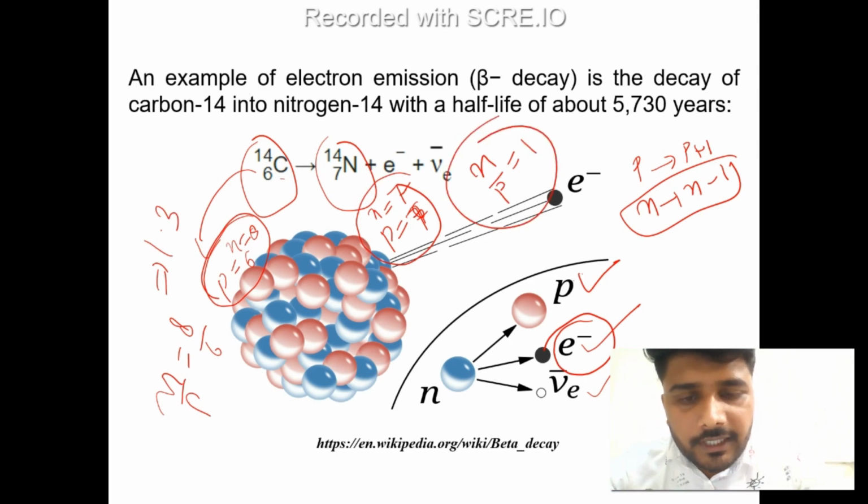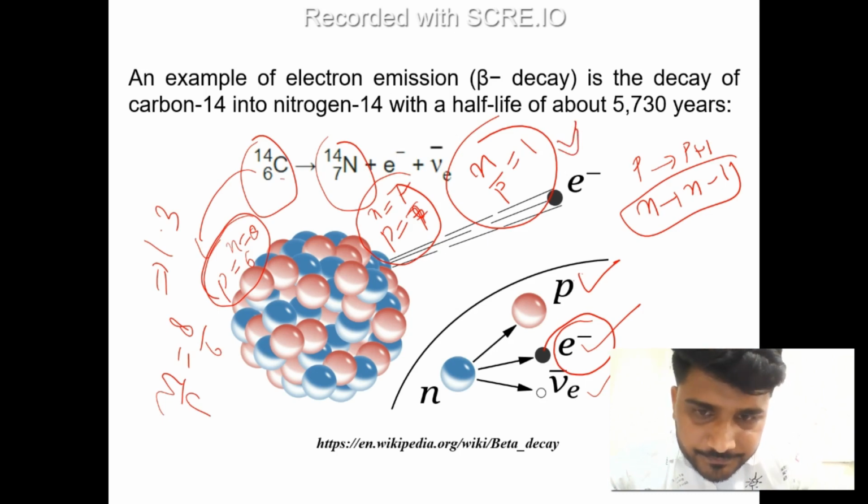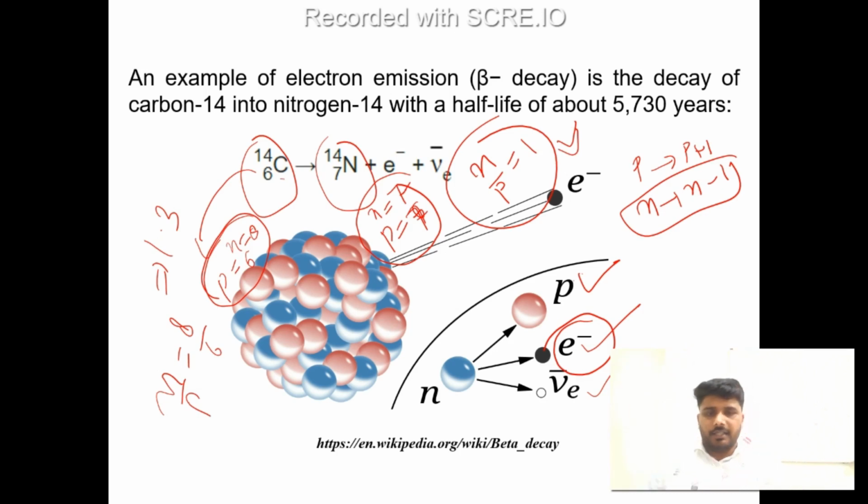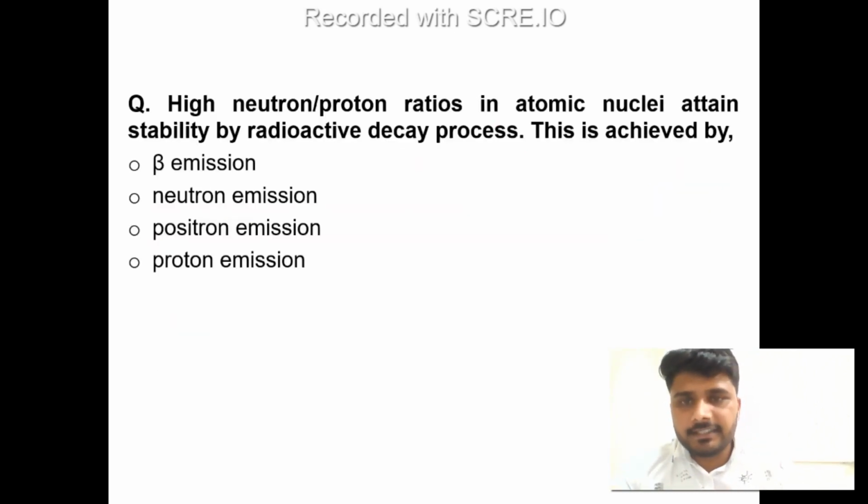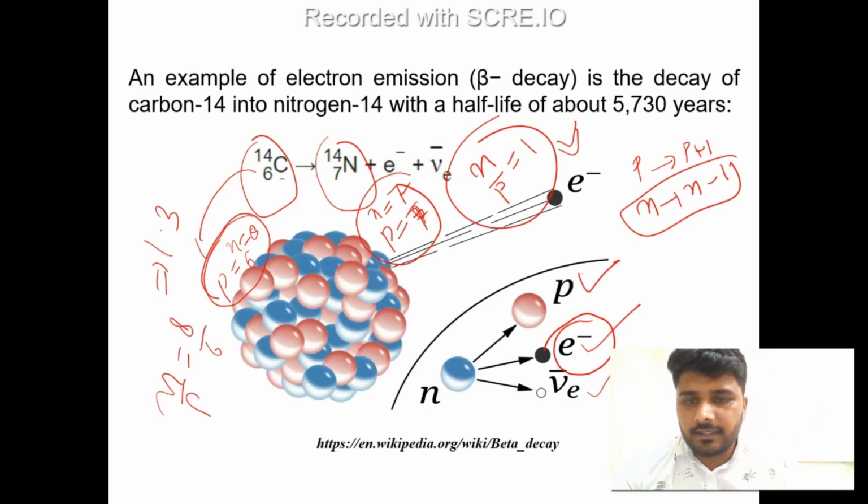So what the nuclear stability statement says, if you are getting the neutron proton ratio close to 1, then the nucleus is stable. So in terms of that, the beta decay is responsible for that reaction.